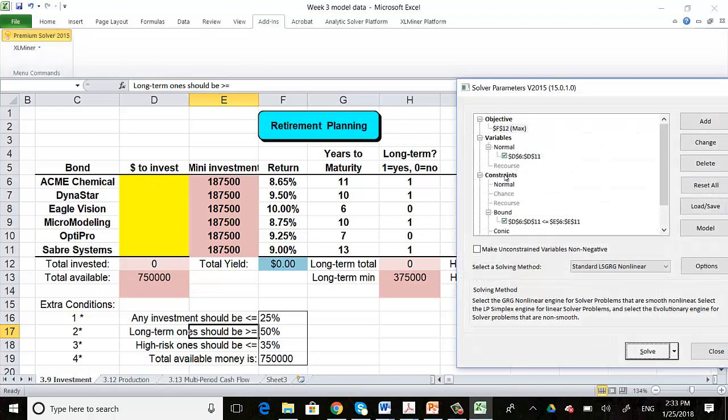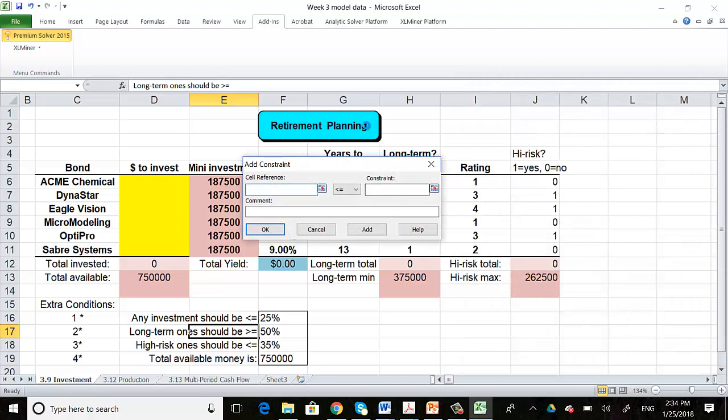Okay, so then another constraint, the second one, the long-term ones. So long-term one, we already calculated the total. Long-term total needs to be, this time, greater than or equal to, right? Okay, so long-term minimum here, greater than or equal to, and click add another one. The high risk ones need to be less than or equal to the high risk maximum.